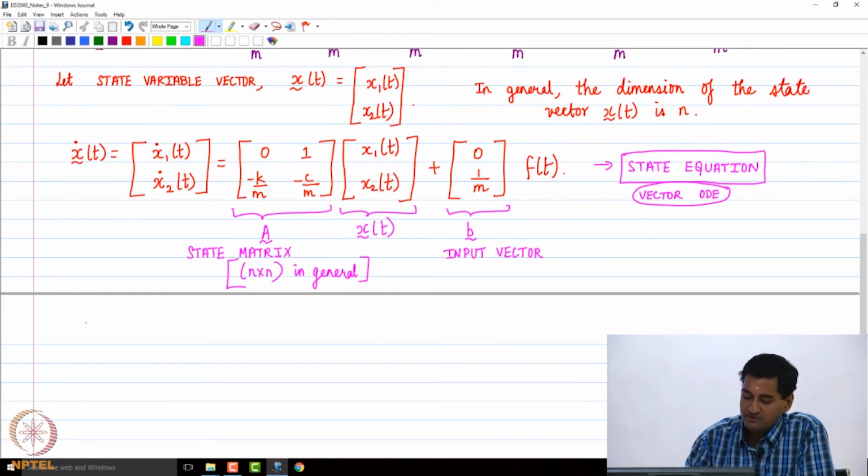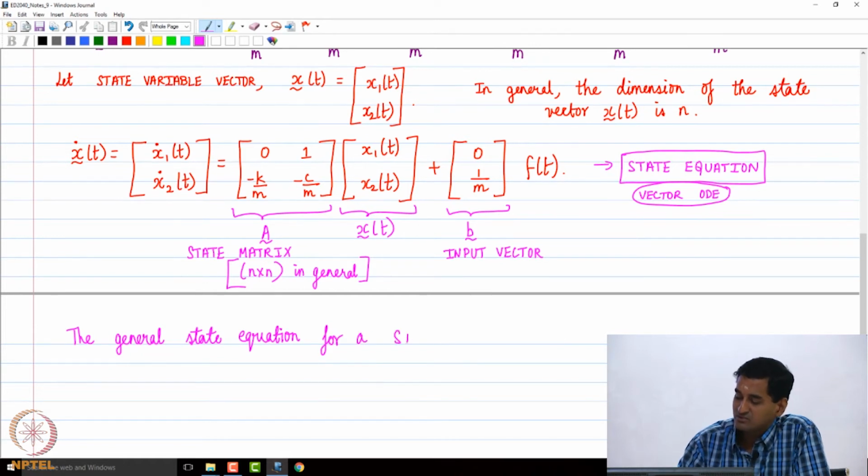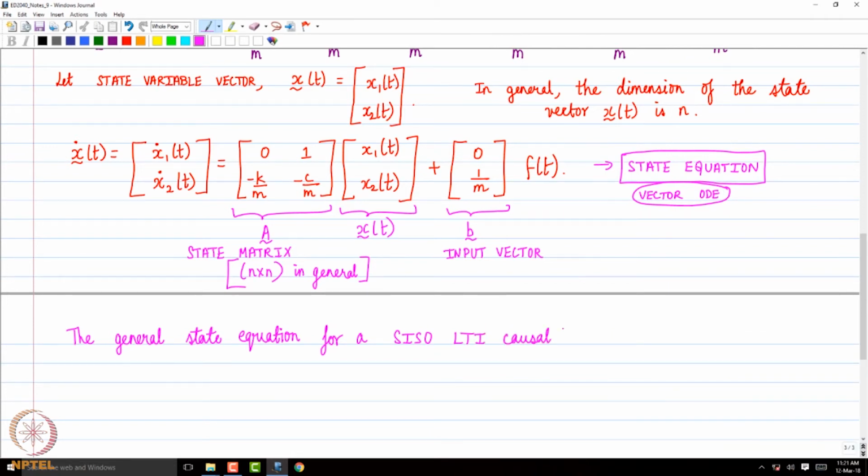Okay. So, the general state equation for a SISO LTI causal dynamic system is, you get x dot, which is the state vector's first derivative, that is going to be written as A x of t plus b times u of t.